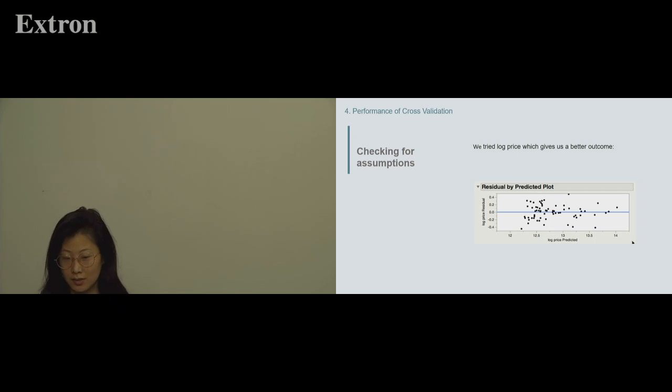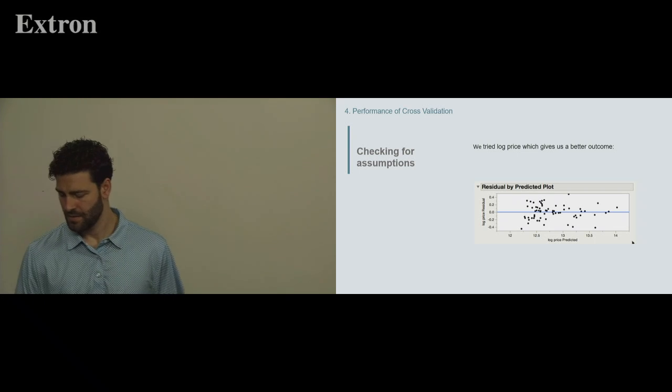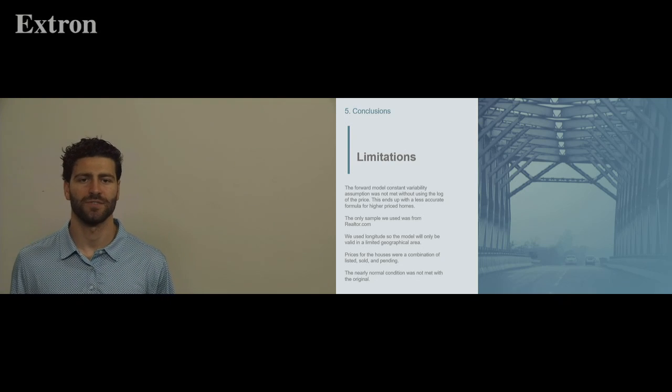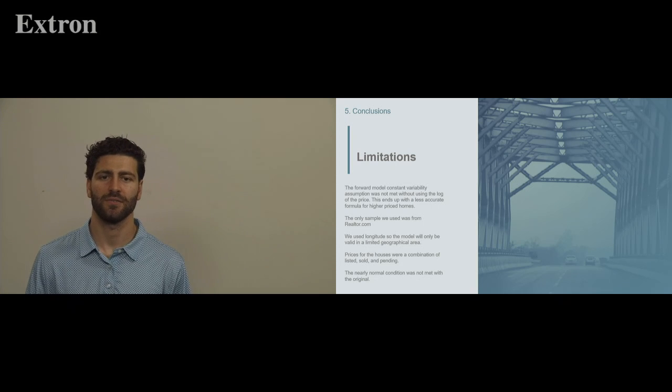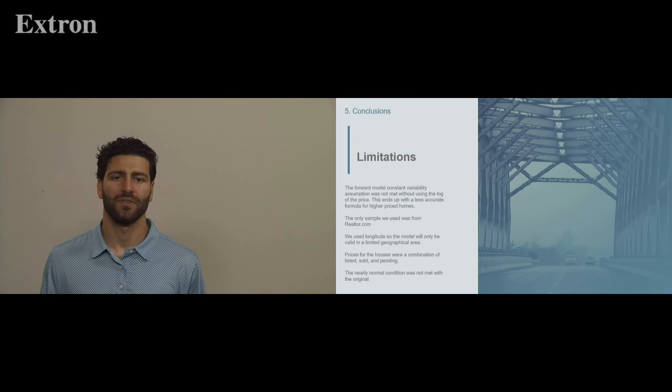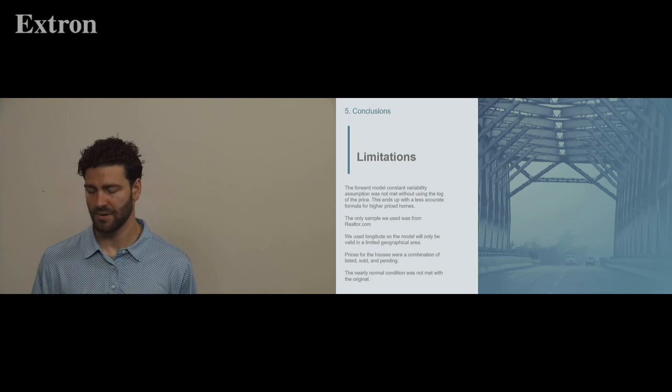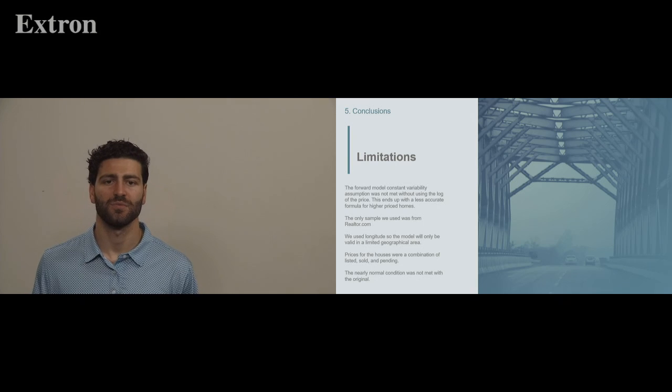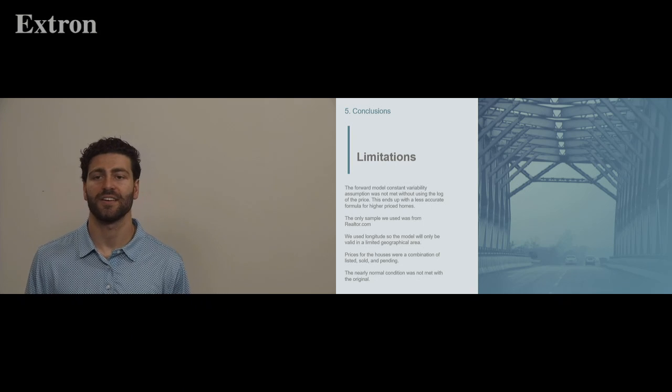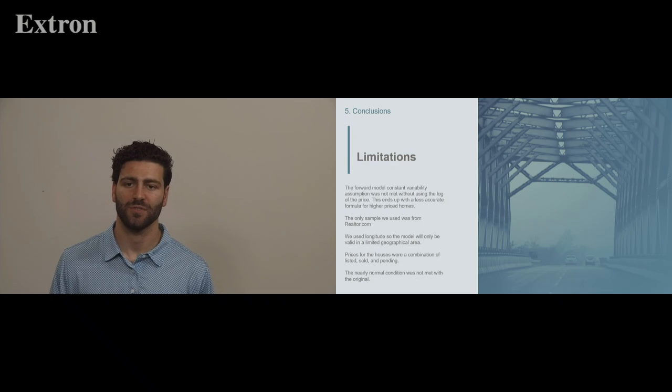original price. I think it's important for us to note some limitations to this model. Number one, the forward model constant variability assumption was not met without using the log of the price. This ends up with a less accurate formula for higher priced homes. Secondly, the only sample we used was from Realtor.com.